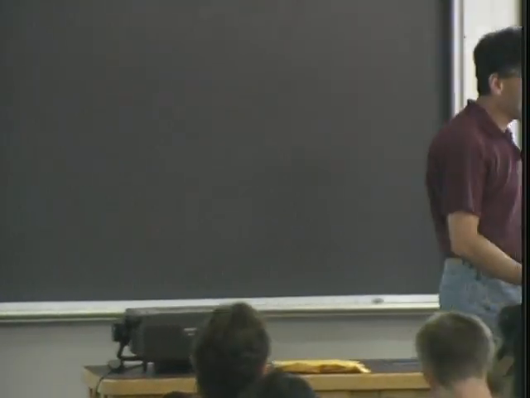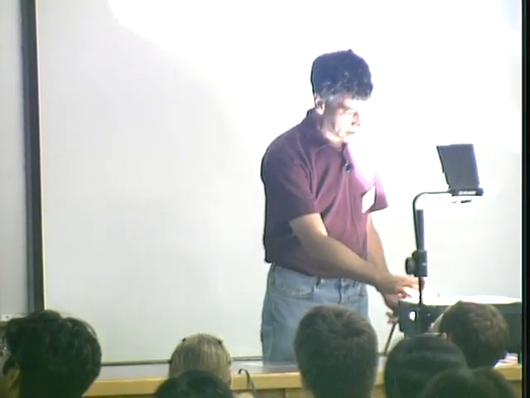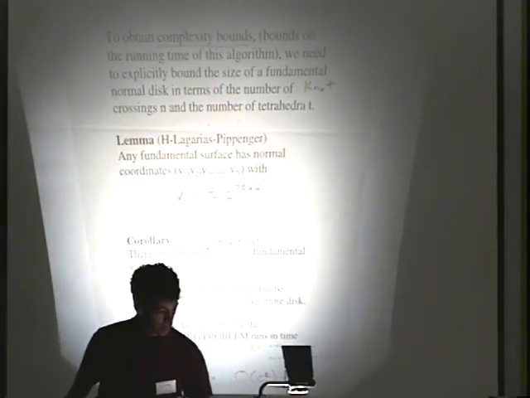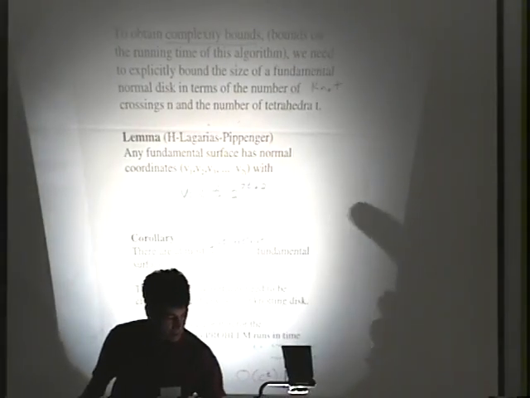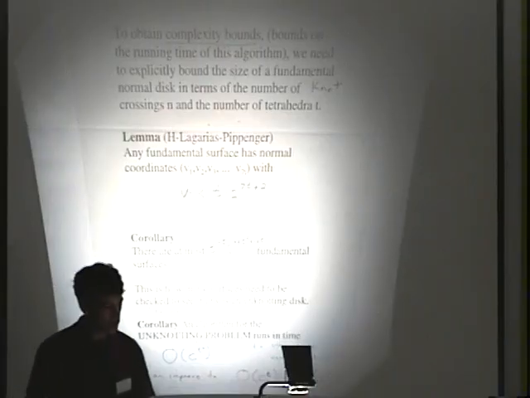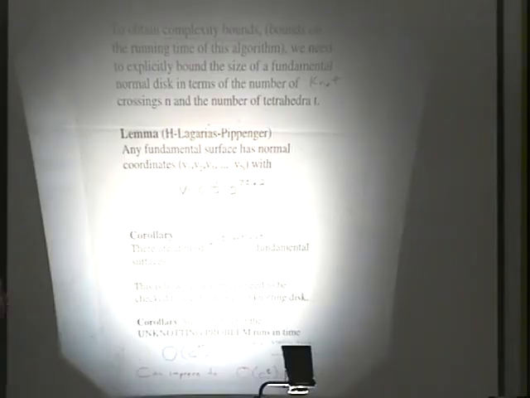Let me talk a little bit about the complexity bounds of this algorithm. So to get a complexity bound, you need to bound the size of these integer vectors that you look at. And what we showed there was that each coordinate of these fundamental vectors that you need to check to see if it's a disk is bounded by t times 2^{7t+2}.